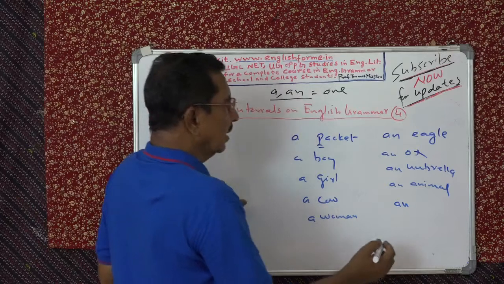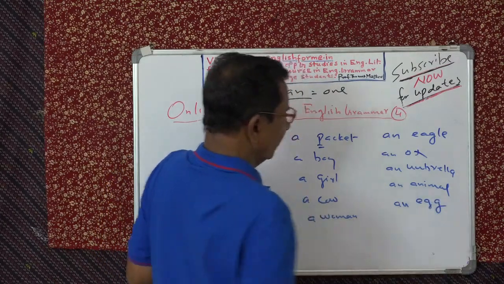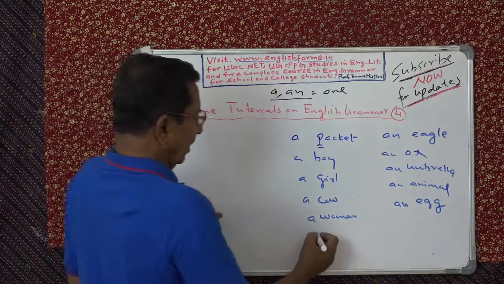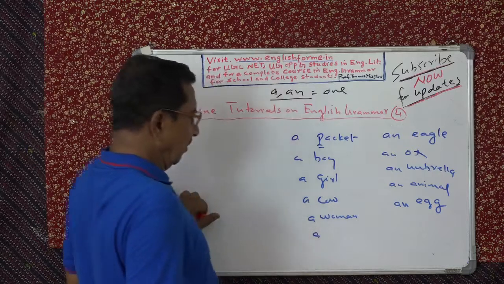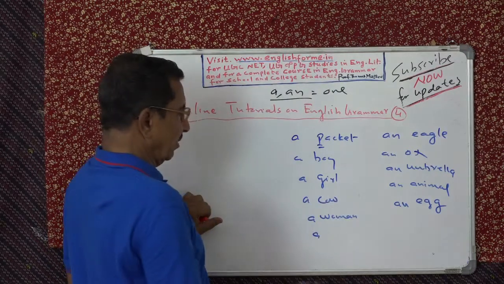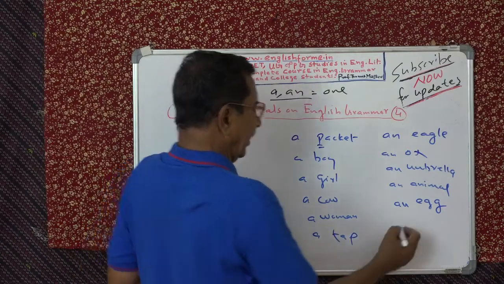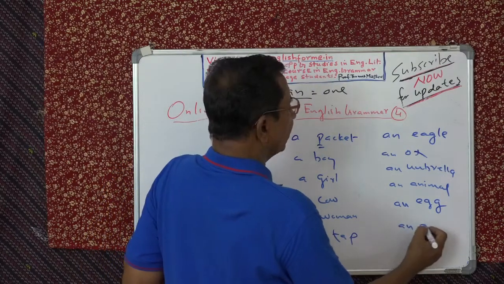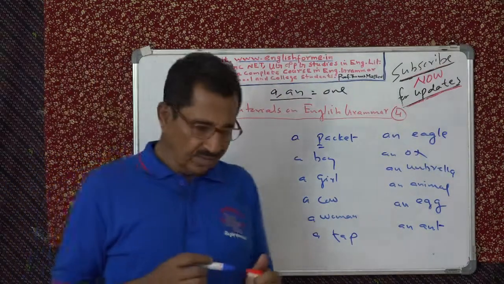An egg. A board. Okay, B we have. A top. An ant. See that? I hope you understand now.